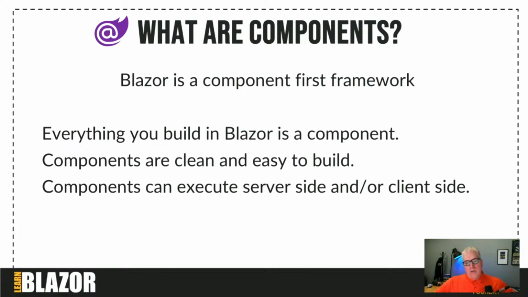And they always have some magic string or some kind of complex syntax, whether that be Angular, or even in current MVC, if we're building partials, it's kind of problematic. Well, Blazor takes a different approach, and they're saying, what if we made everything a component? And therefore, the entire framework is built on components. Everything you build in Blazor is a component. Every page is a component. Every layout's a component. The app is a component. The routes are a component.